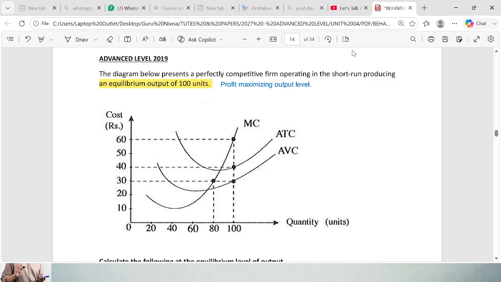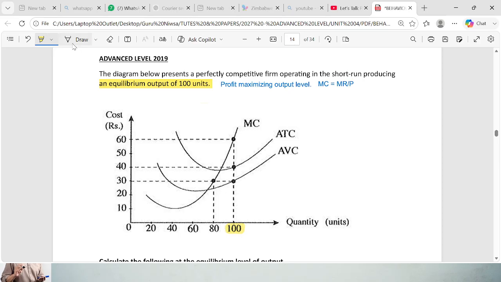So at this point, what happens? Marginal cost equals marginal revenue. Marginal revenue means the price of the product. For a perfectly competitive firm, price and marginal revenue are the same. Are you okay with this? Then look at output 100. At this output level MR equals MC.